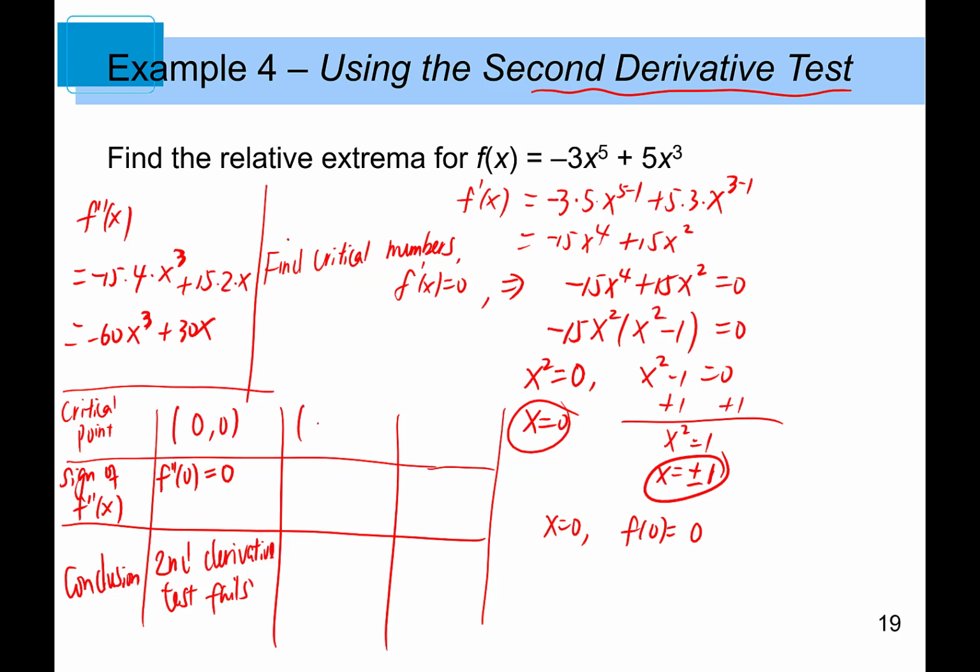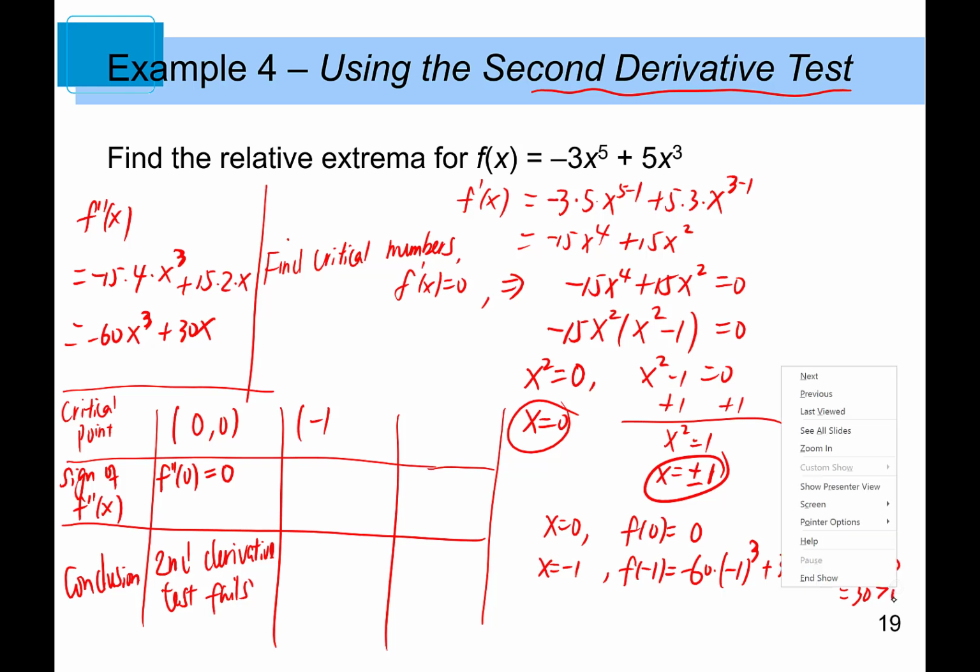The second point, negative 1. When x equals negative 1, f double prime equals negative 60 times negative 1 to the third plus 30 times negative 1. No, hold on.